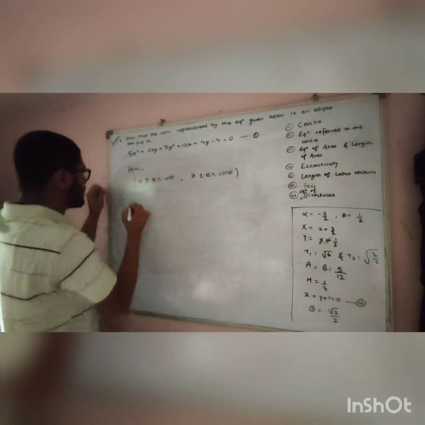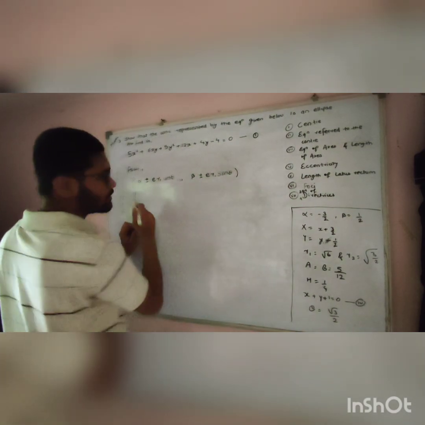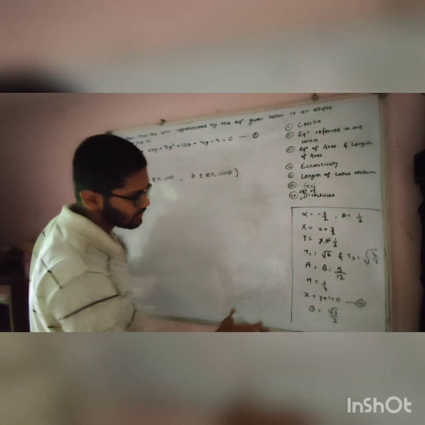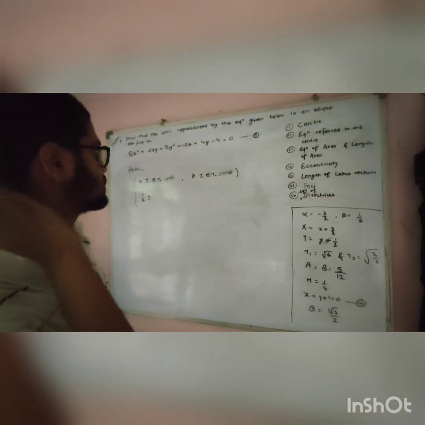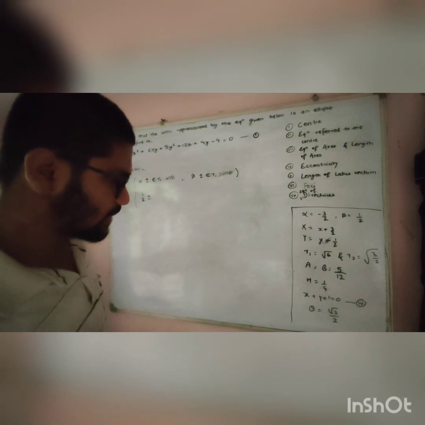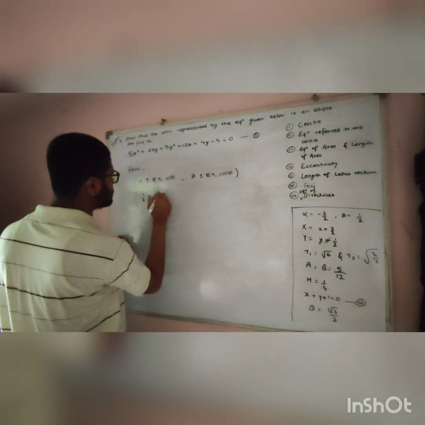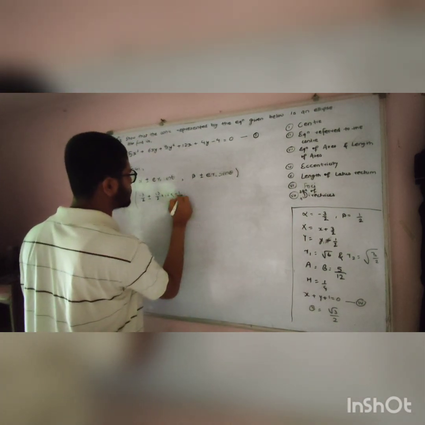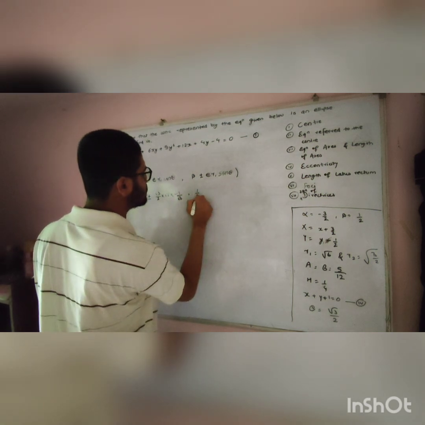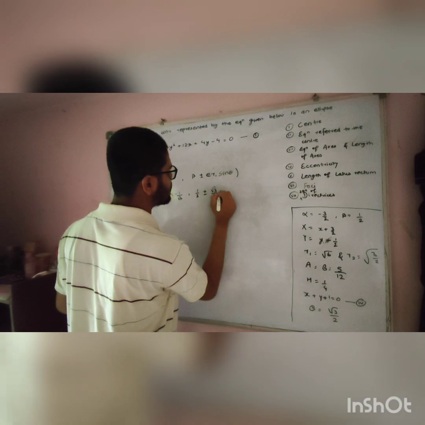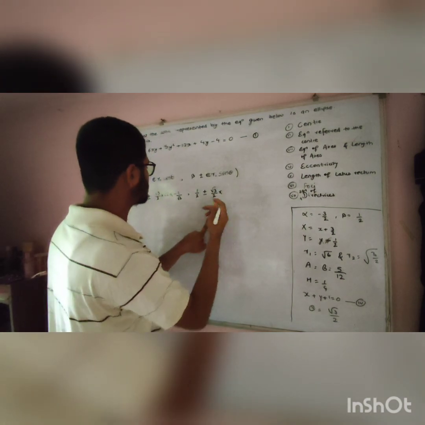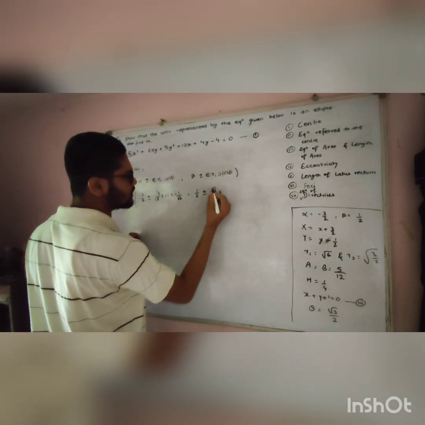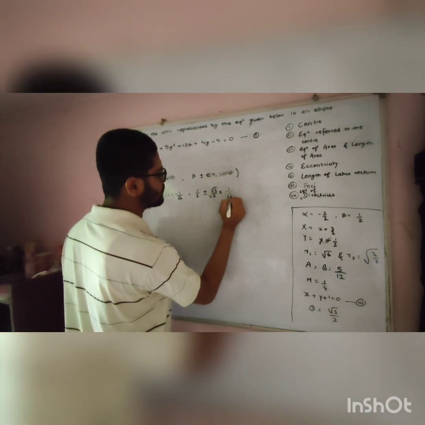Now on substituting the values, alpha and beta came from the center, so that is minus 3 by 2 plus minus e, the eccentricity, which was root 3 by 2, into r1. r1 is root 6 into cos theta, which is minus 1 by root 2, comma beta is 1 by 2 plus minus root 3 by 2 into root 6, into sin theta, which is 1 by root 2.